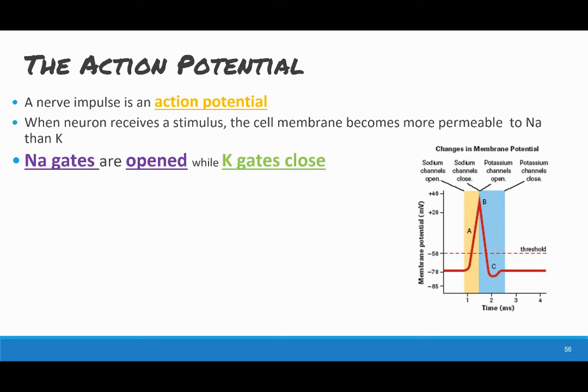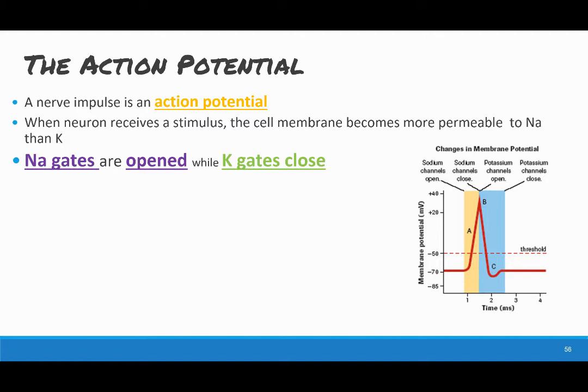So a nerve impulse is also referred to as an action potential. When a neuron receives a stimulus, which is a type of energy, the cell membrane becomes more permeable to sodium ions than potassium ions. What happens is, when the stimulus arrives, sodium-gated channels open up.